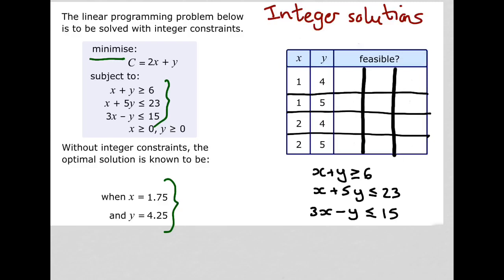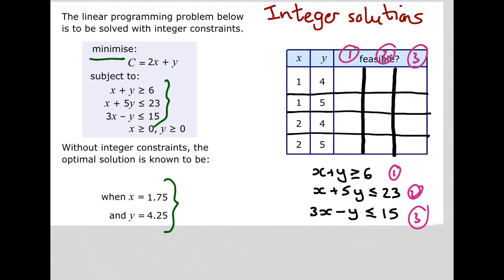And the way I do this is by considering the inequalities that formed that region in the first place. So this first column here is my first inequality, the second one is my second, and the third column here is my third inequality. I'm going to check to see if these work for each of my points.